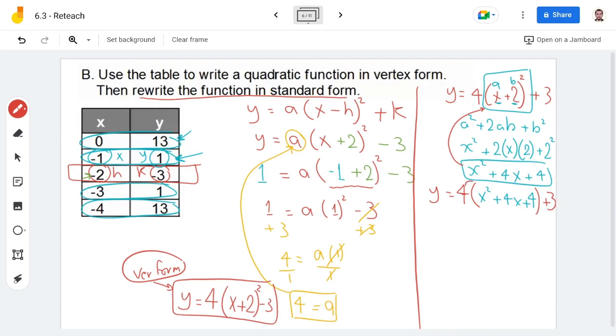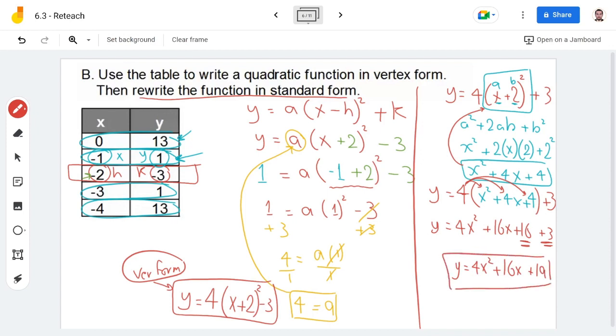Now use the distributive property. 4 times x squared is equal to 4x squared, plus 4 times 4x is equal to 16x, plus 4 times 4 is equal to 16. And don't forget plus 3. Now add the like terms. We have plus 3 and plus 16. So the standard form is 4x squared plus 16x plus 19.